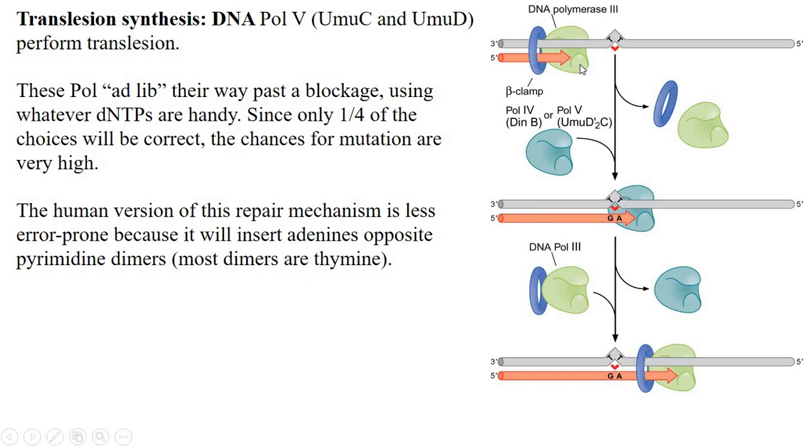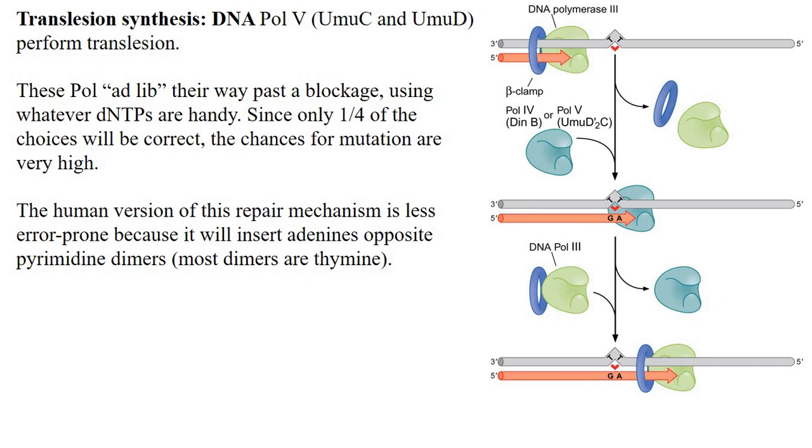So DNA pol III will now be disassembled from here, and instead of DNA pol III, pol V will come and bind to this area, and this pol V will add whatever it can at this portion. So for example, it had G and A here, it just added that G and A, so at least one of this pairing is correct or one is incorrect, and it will then dissociate once it moves past that damage, and pol III will come back and replication will occur as normal.